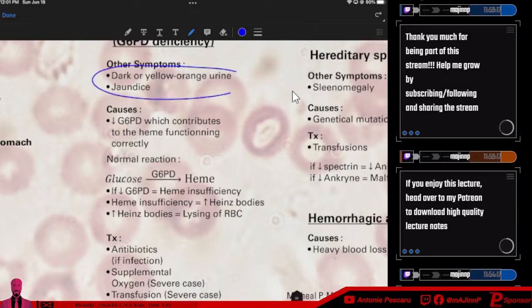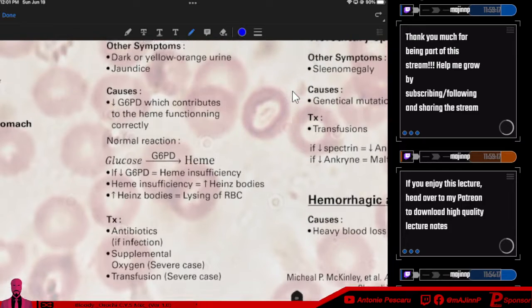The dark or yellow-orange urine is from the lysing of those red blood cells, because they eventually go inside of the kidneys and get filtered, and that increase in particles of the red blood cell contributes to that dark yellow-orange color, you know?